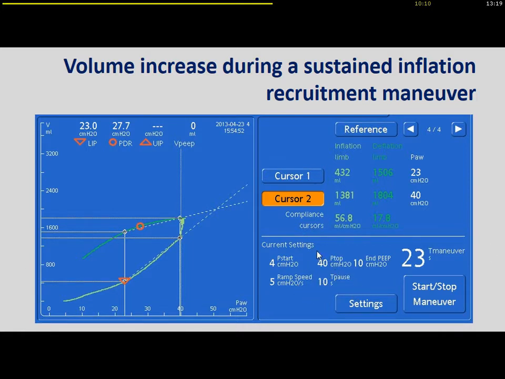Here we perform a recruitment maneuver at 40 centimeters of water for 10 seconds. So you see the pressure increase to 40. And during the 10 seconds, you see that the volume increases. This volume here that we can measure, around 400 milliliters, is an assessment. It's not a precise measurement, but it's an assessment of the volume increase during the recruitment maneuver.